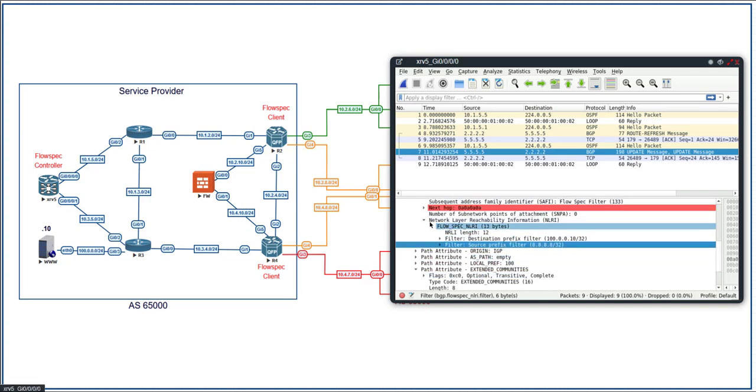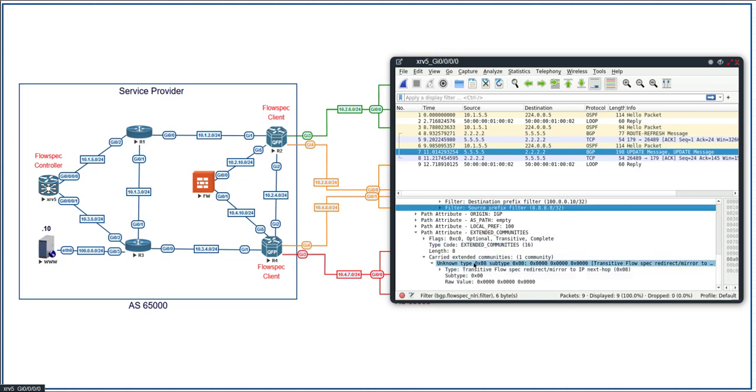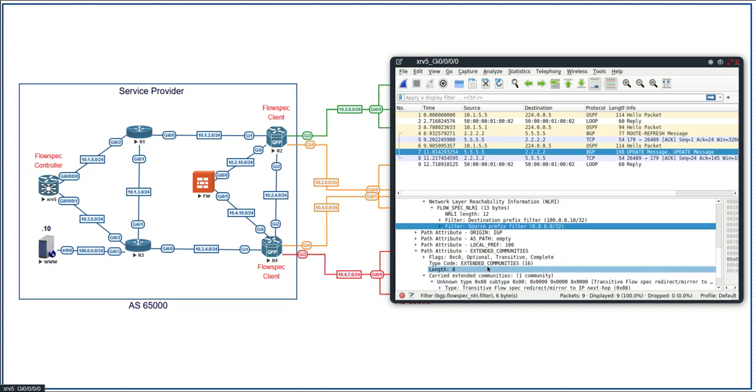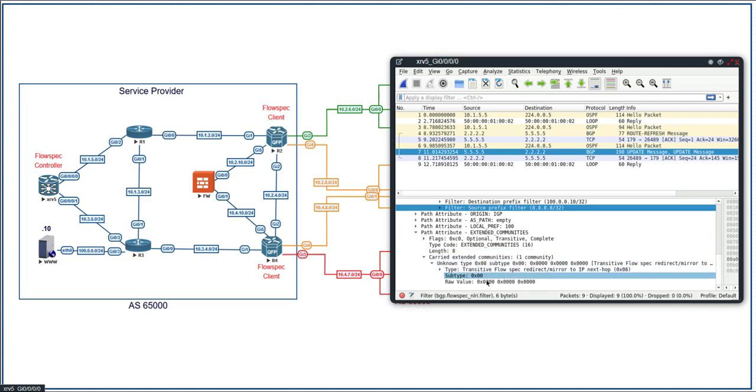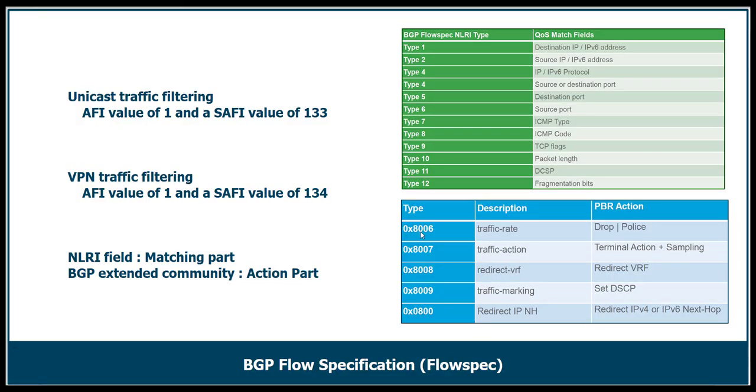Because of that, in the NLRI we have the flow information, and in the extended communities we have the rule. If you capture again, you will see another BGP update for Flowspec for quad 8, and the action will be drop. As you can see in the action table, 0800 means redirect to IP next hop, or redirect IPv4 or IPv6 next hop.